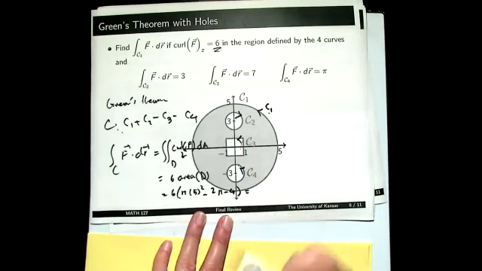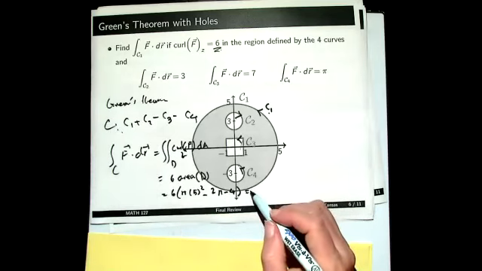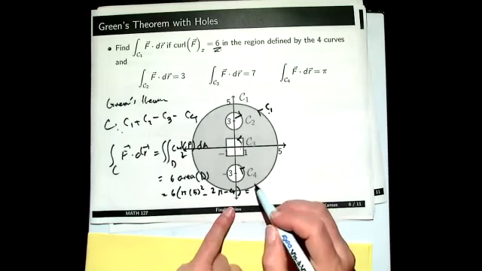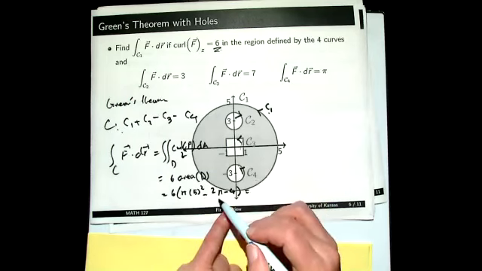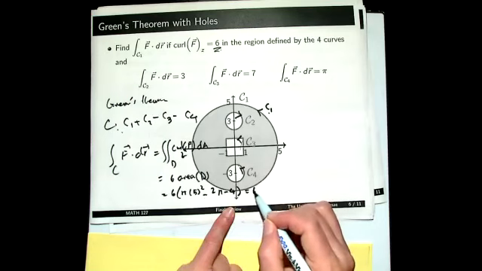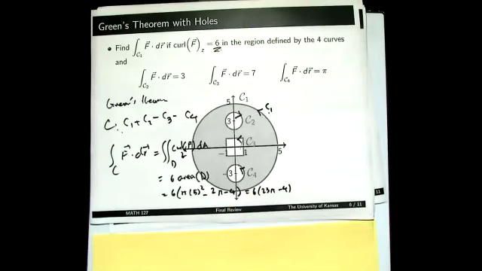And the entire thing gives me 25 pi minus 2 pi, 23 pi, so 6 times 23 pi minus 4. Am I right? Yes. I messed that one up.